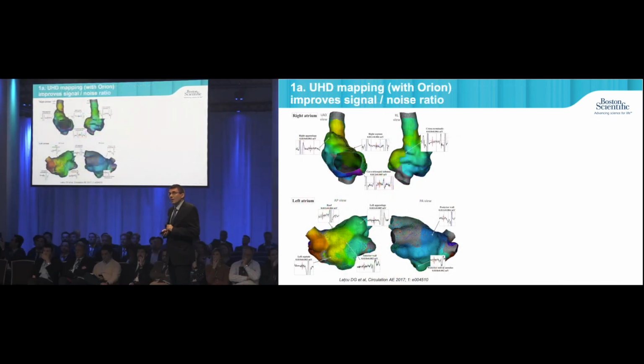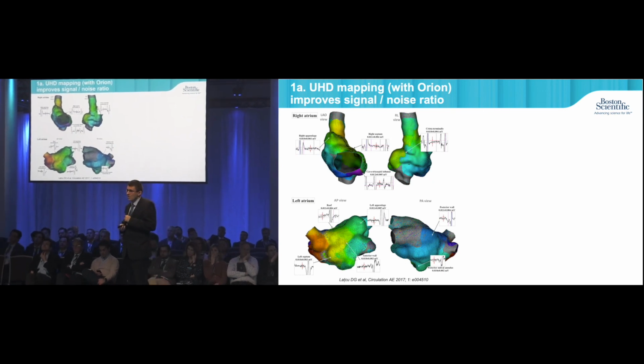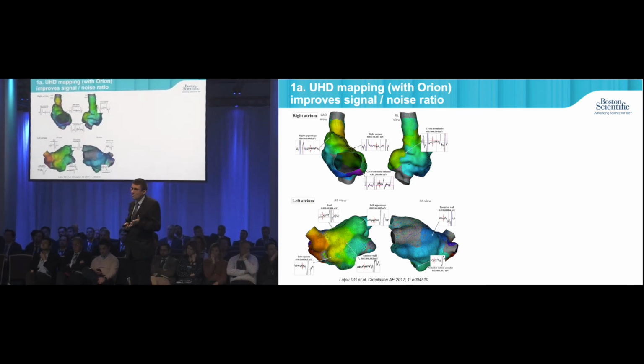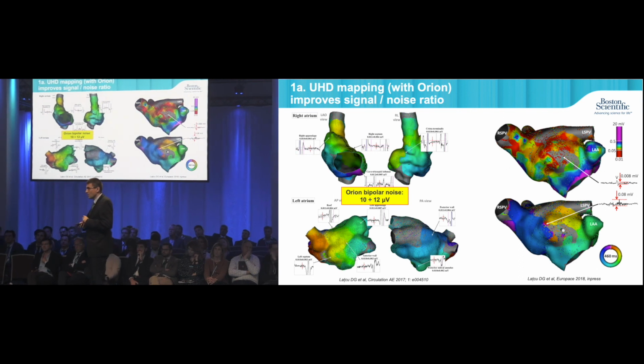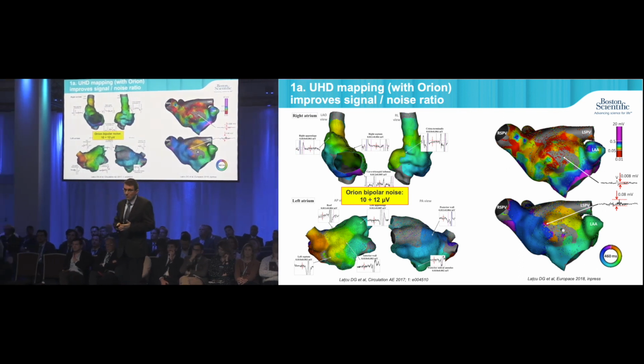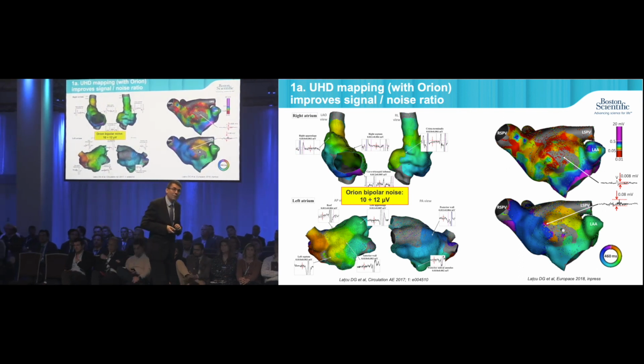Now, with the Orion, you also improve the signal-to-noise ratio. And we demonstrated that the noise on the Orion catheter is the lowest possible. We measured it between 10 and 12 microvolts systematically in all the cases. This, of course, increases the signal-to-noise ratio, and you get better diagnosis in complex patients.